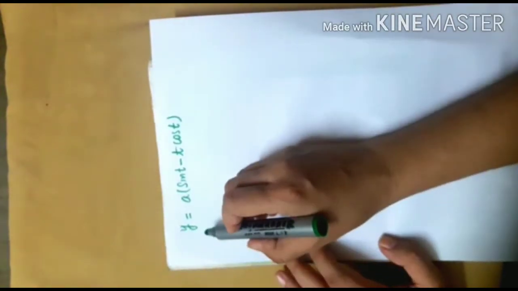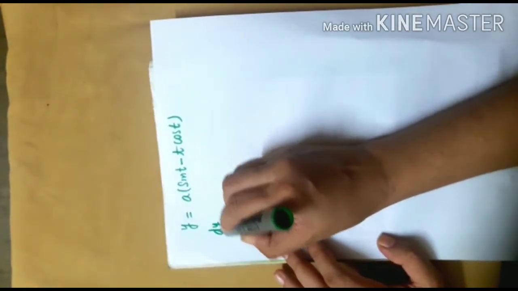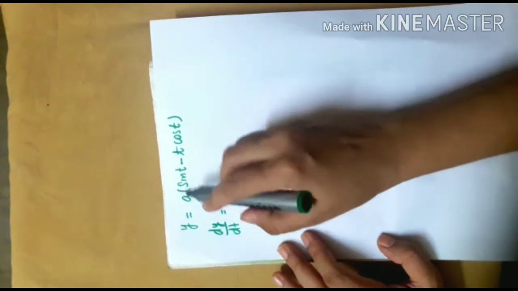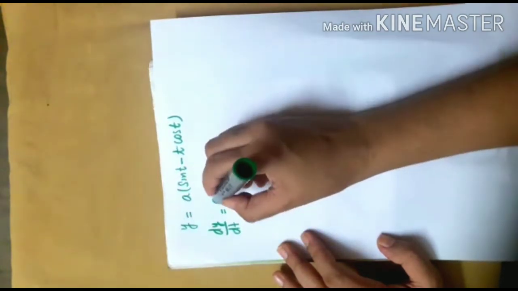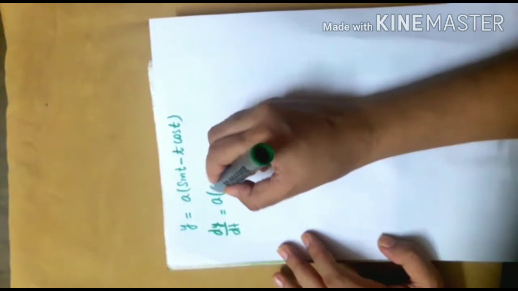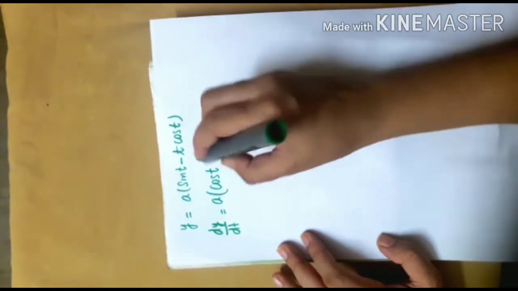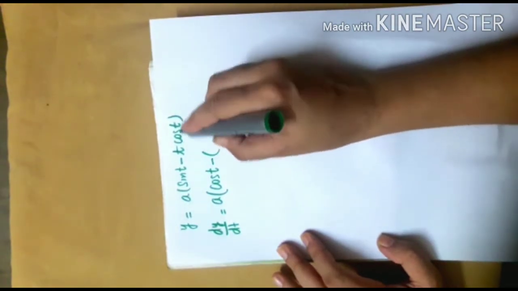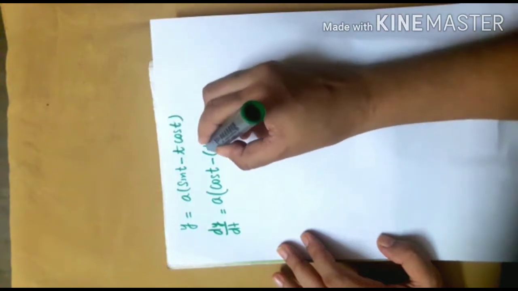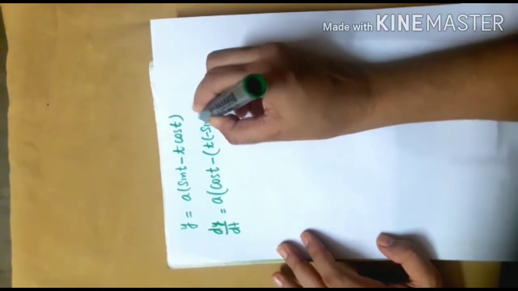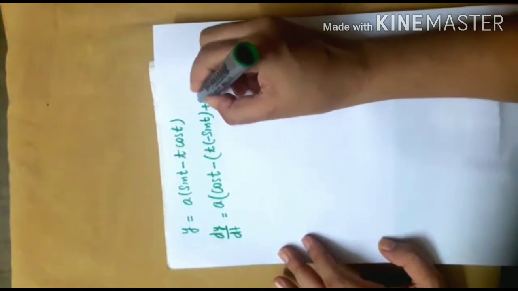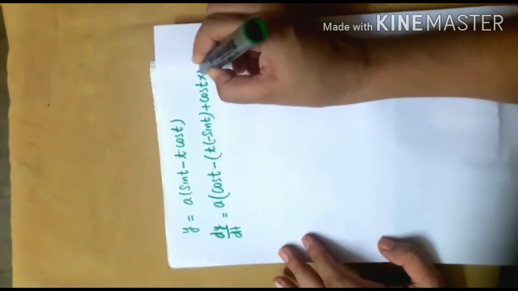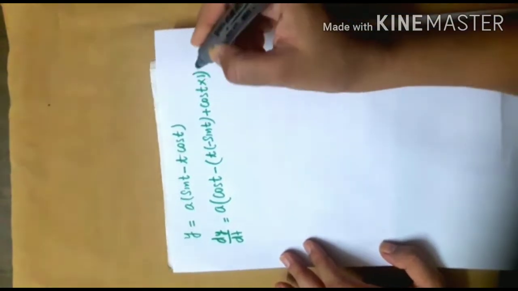So we have obtained dx by dt. Now in a similar manner, I'll find dy by dt. So I'll differentiate this with respect to t. So I'll get a derivative of sin t is cos t minus, here I'll apply product rule, first function into derivative of second plus second function into derivative of first.